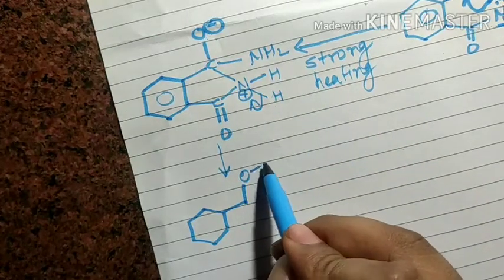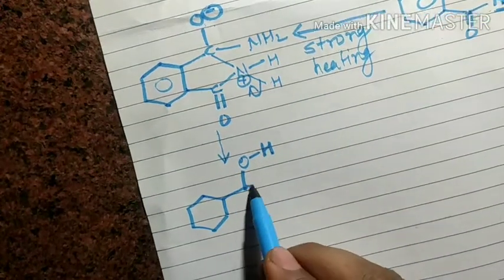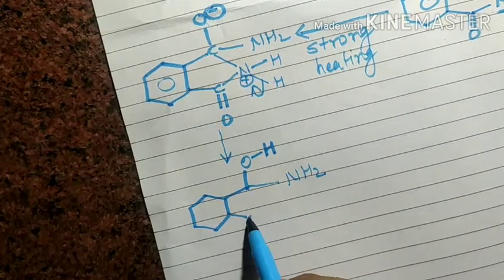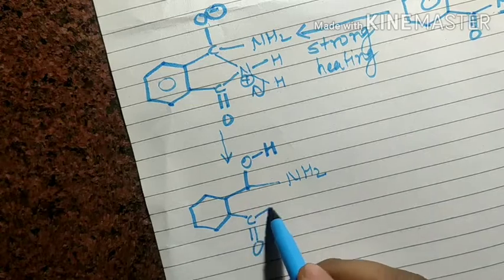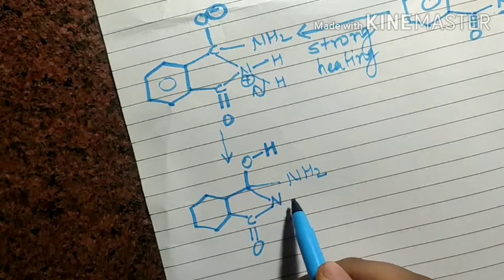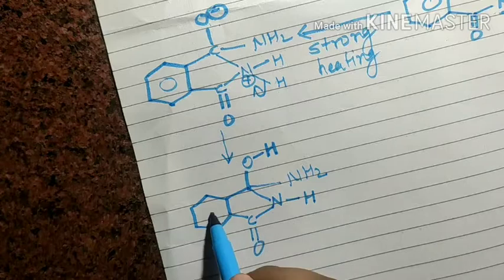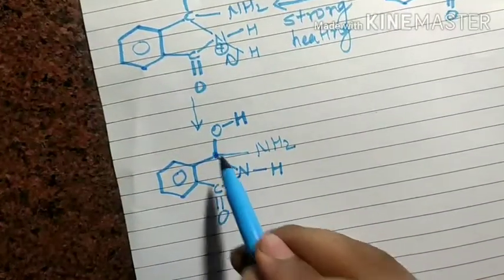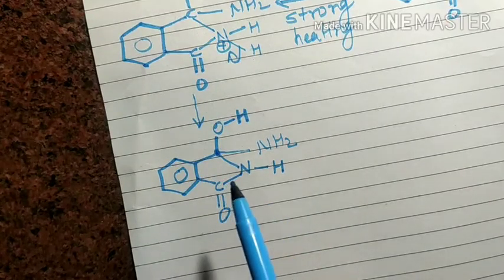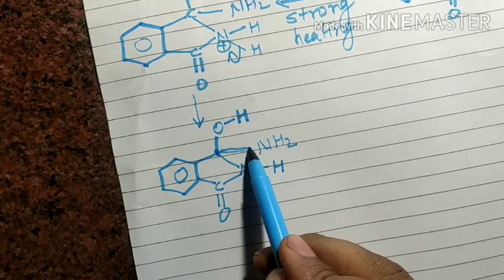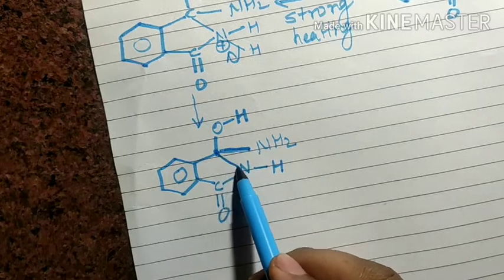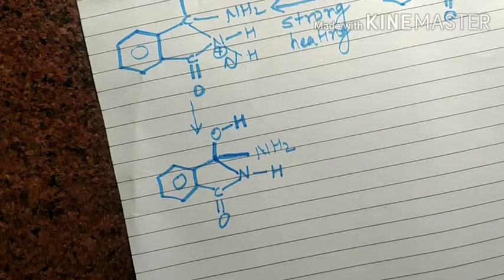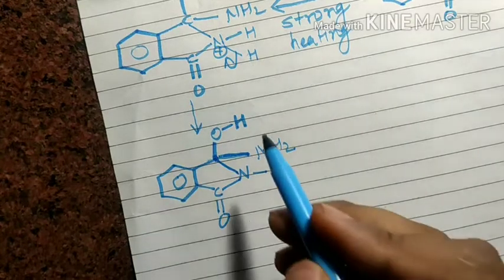So this one changes into OH, and one NH2 group is already attached with this system, and this one is C double bond O, and nitrogen is attached here with a single hydrogen. Clear? And now this carbon center is very unstable. Why very unstable? Because three electronegative groups, nitrogen, oxygen, and this sp2 carbon, are joined here, and the polarity of this molecule is very high.